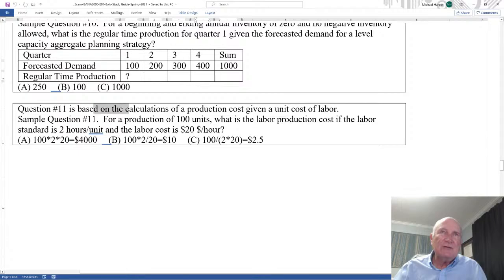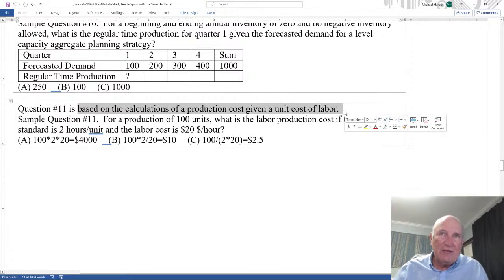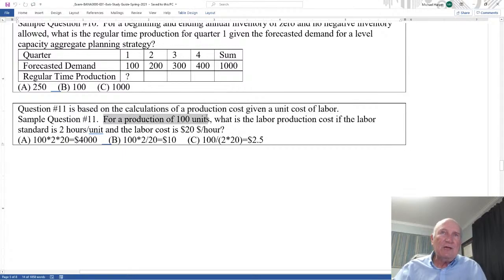Question 11 is based on calculations from a production cost given a unit cost of labor. For the production of 100 units, what's the labor production cost if the labor standard is 2 hours per unit and the labor cost is $20 per hour?